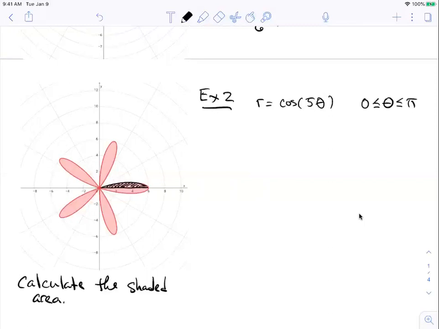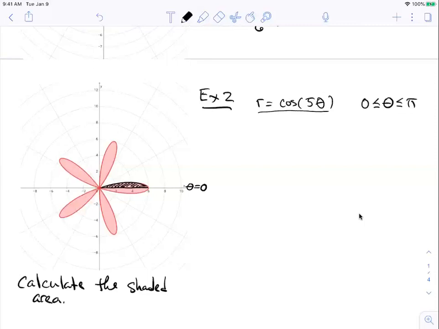So what I need to do is describe the theta bounds on that black thing. I already know that r is bounded by cosine of 5 theta. I can see one of the theta bounds. It's theta equals 0, that's the lower limit of integration.